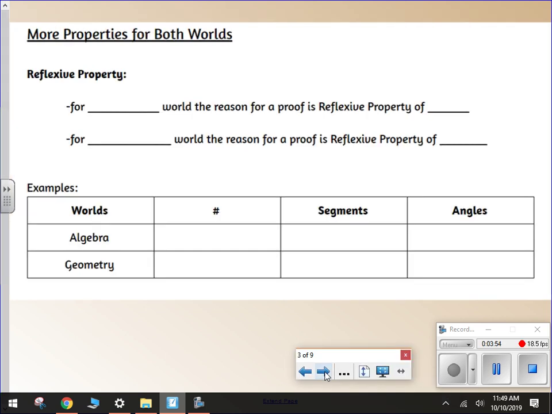So, more properties for both worlds. We have the reflexive property. When we talk about reflexive property, I want you to think that everything is equal to itself.